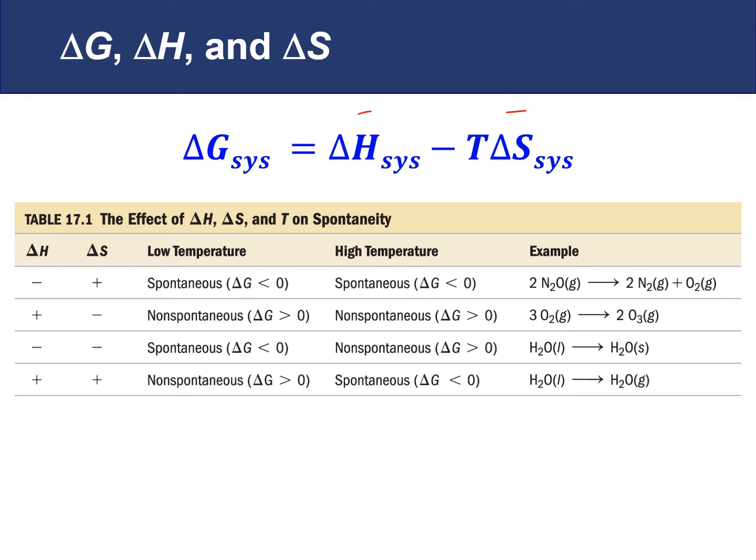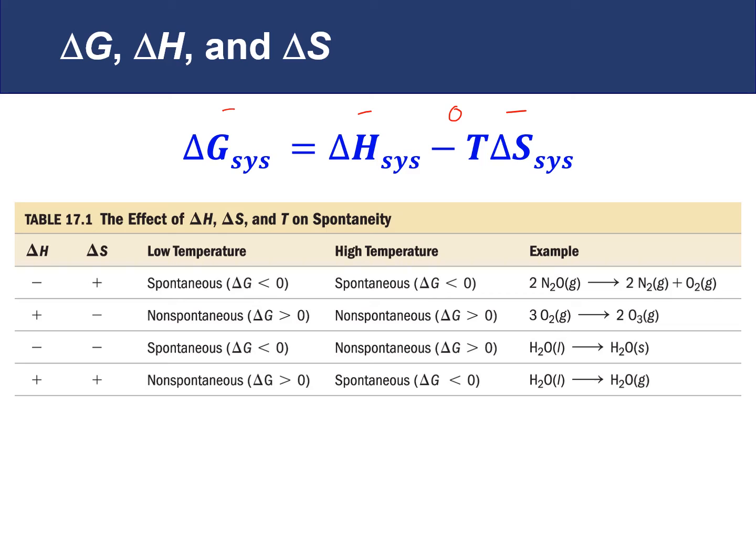So low temperature, I set it at 0, and high temperature, I make it infinity. So if we work with low temperature and T is 0, then 0 times anything is 0. So our Gibbs free energy, the delta G at 0 Kelvin, would be the same as our delta H system. So if delta H system is negative, delta G would be negative.